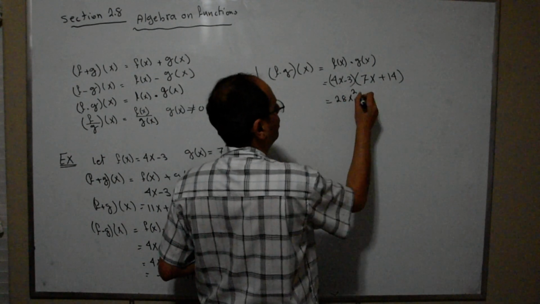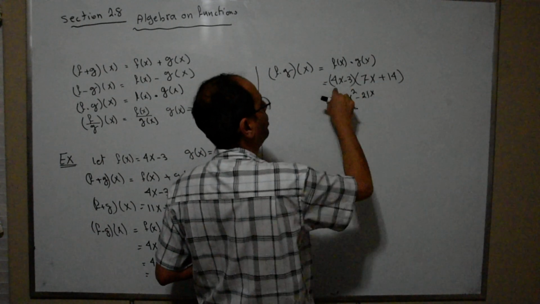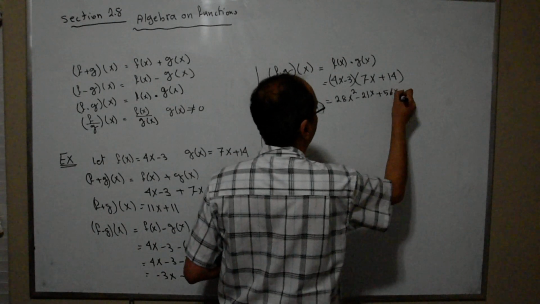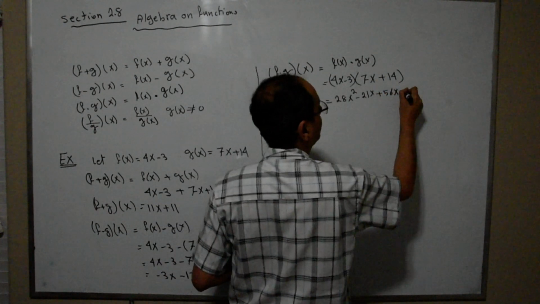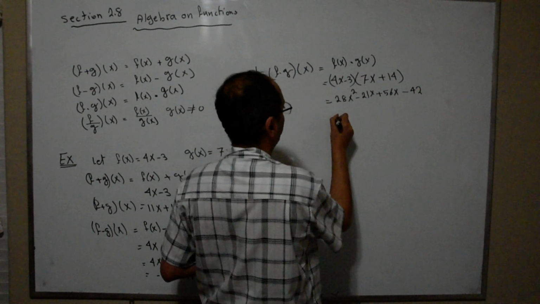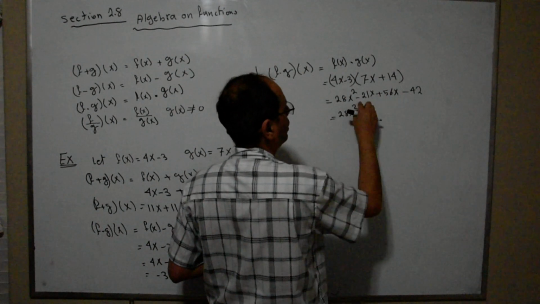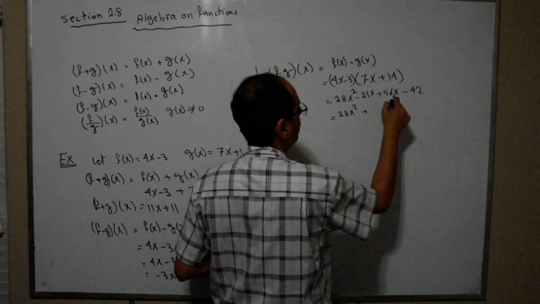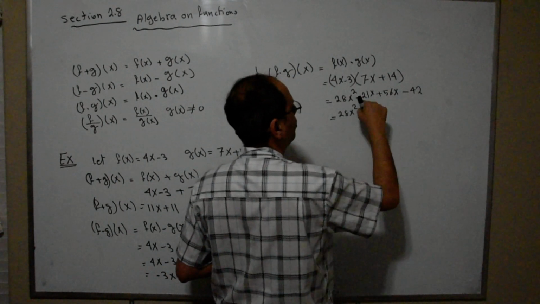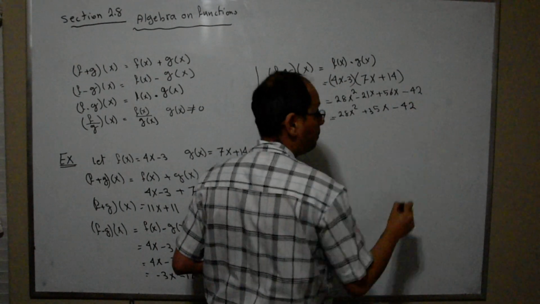And I have negative 21x. And here's 14 times 4x is 56x. Negative 3 times 14 is negative 42. Let's combine the like terms here. So I have 28x squared. 56 minus 21 is 35, so plus 35x, minus 42.